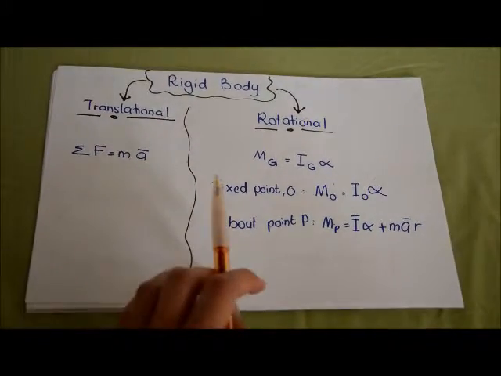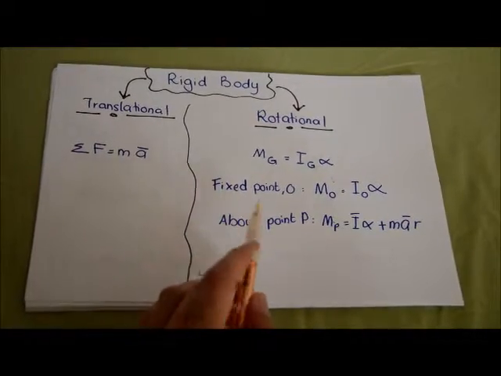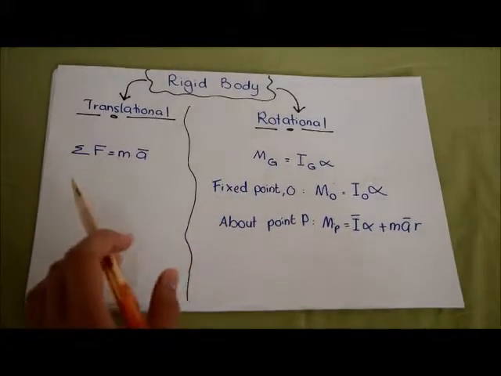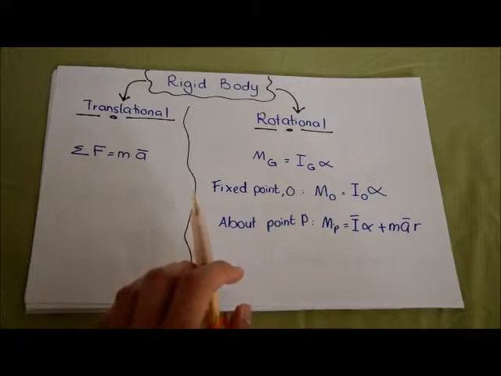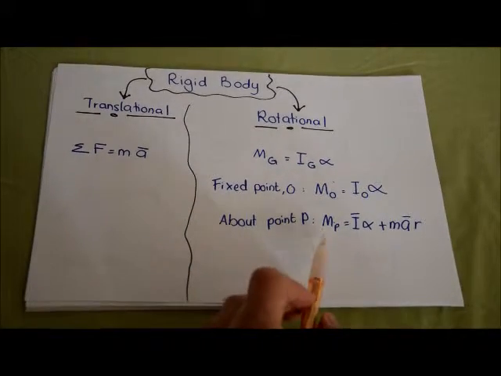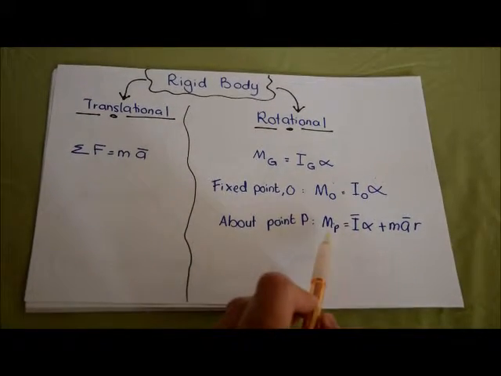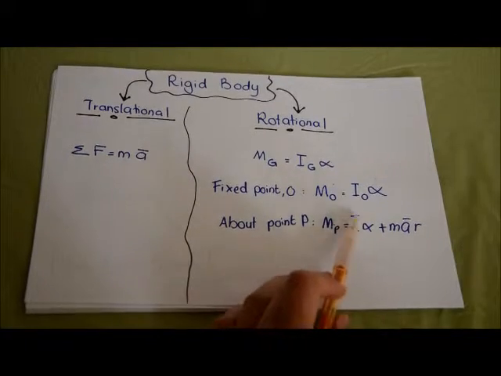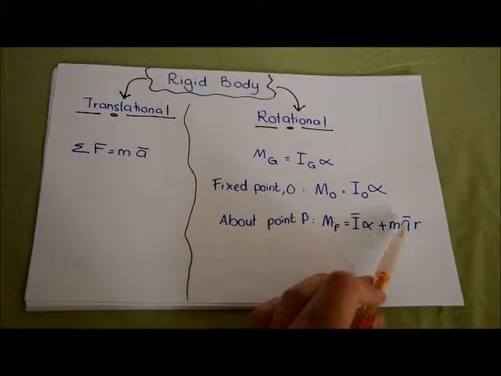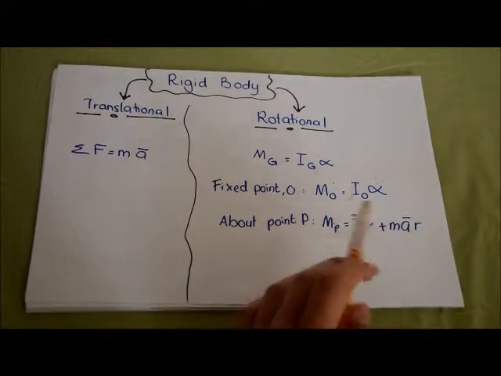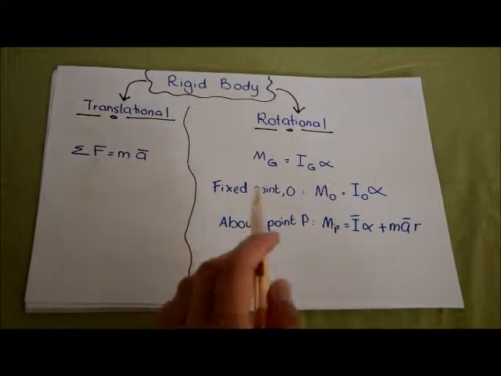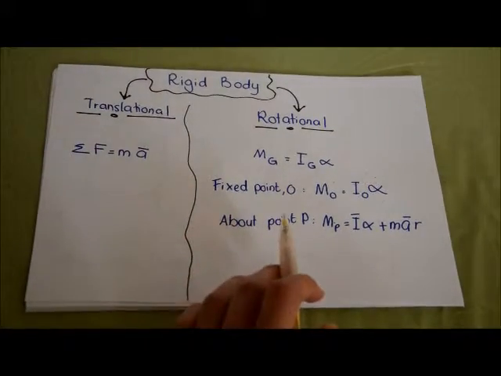Meanwhile, for the sum of moments about another point P that is not fixed and not the center of mass G, we must use this equation, which is M_P equals I bar alpha plus m a bar r, where r is the distance from P to G in the direction perpendicular to a bar.